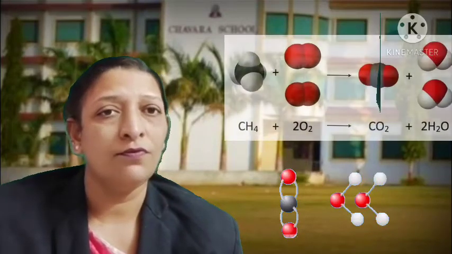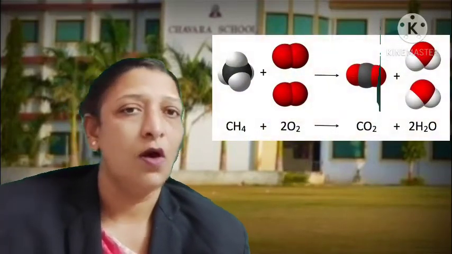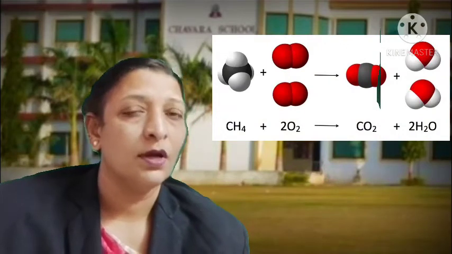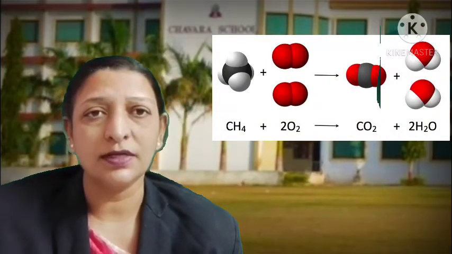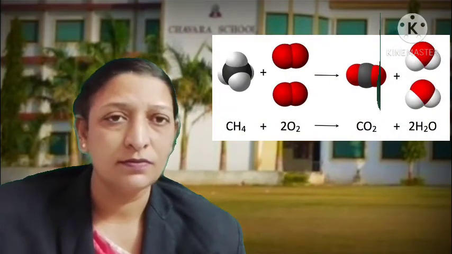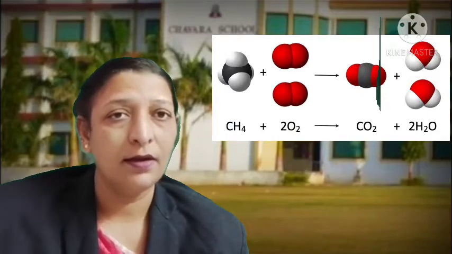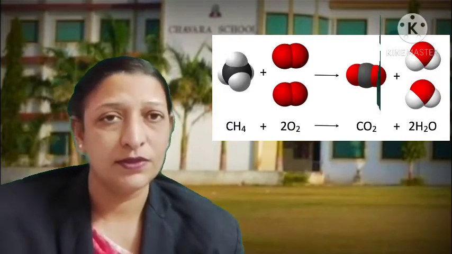When we burn methane in air, it reacts with oxygen in the air. The bonds of the methane and oxygen molecules are broken down, and the rearrangement of atoms takes place in which carbon dioxide and water vapor are formed.